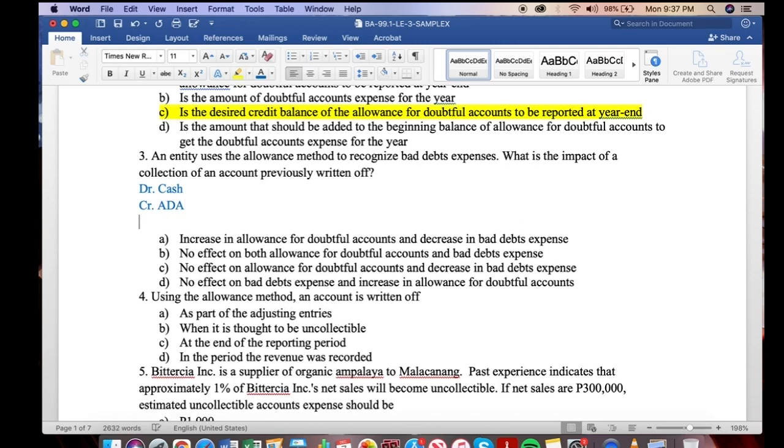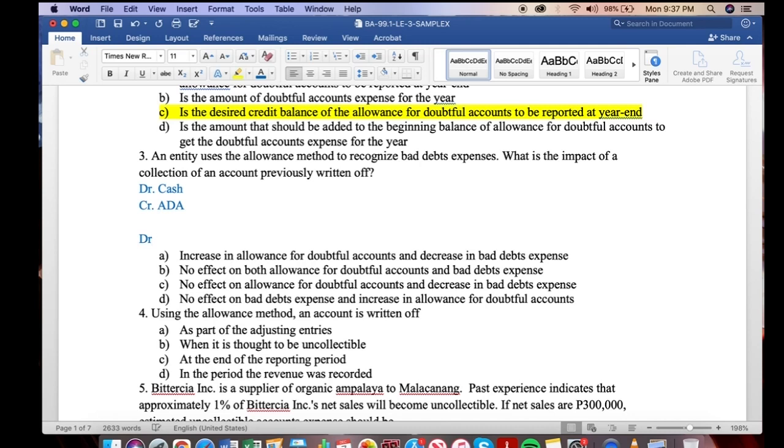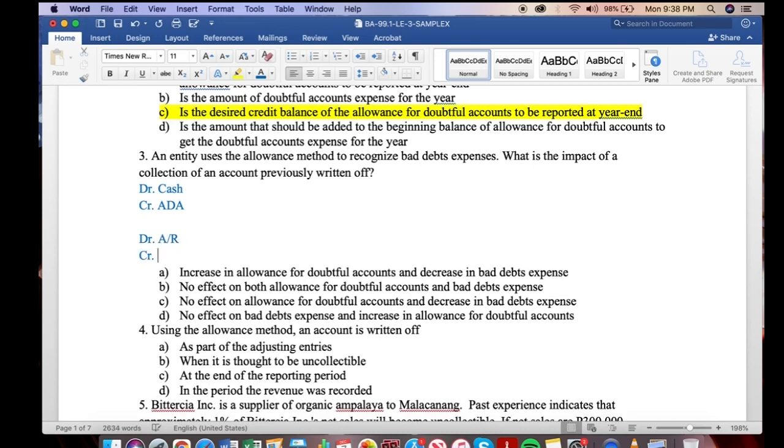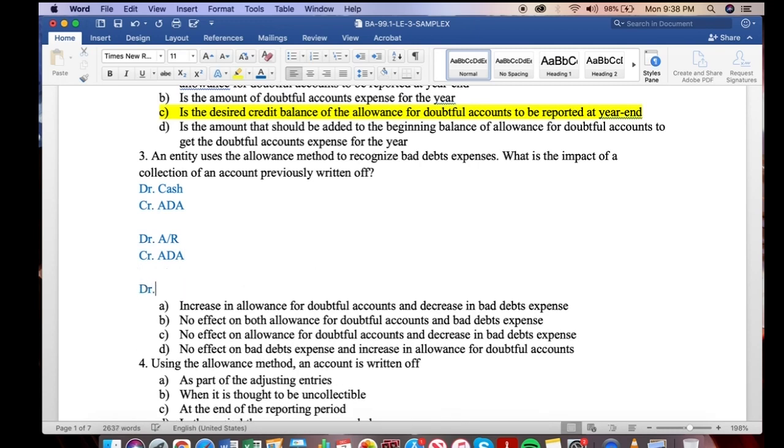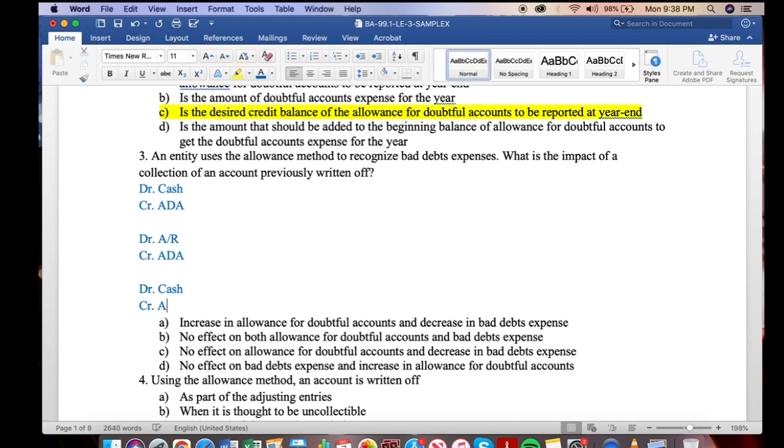Is there a long cut? Yes. Usually, what happens in the collection of a previously written off account is that you first reinstate the AR, because the receivable and the ADA come back to life. Then it is collected: debit cash and credit AR. You'll notice that there is a debit AR and a credit AR, so they offset. In the end, the net effect would be a debit cash and a credit ADA.